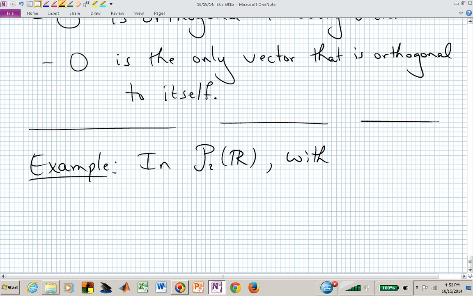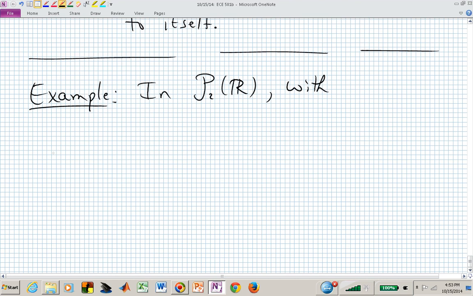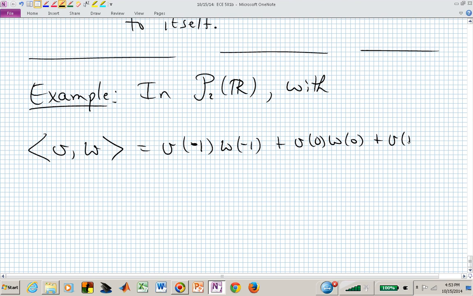And let's go ahead and use the inner product that we had defined earlier. Let's say the inner product of V and W is going to be V of minus 1, W of minus 1, plus V of 0, W of 0, plus V of 1, W of 1.